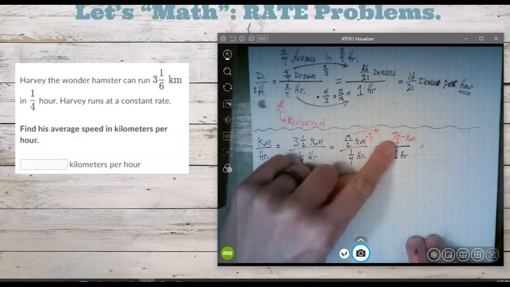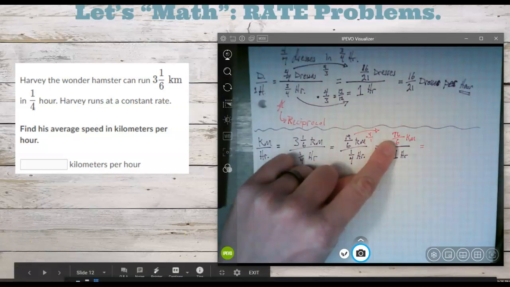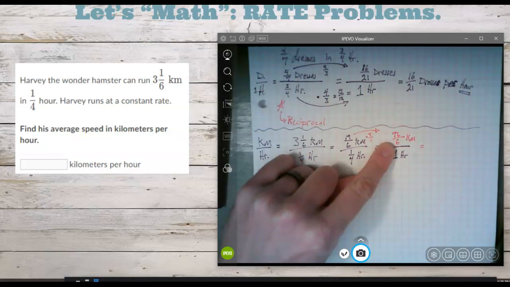Can this be reduced? No. 76 over 6 actually can. They're both even, right? So since these are both even, we can divide by 2 at least.